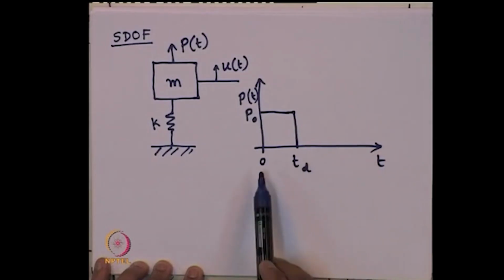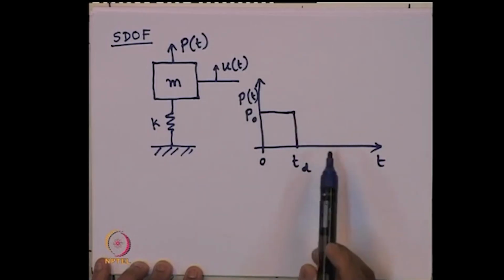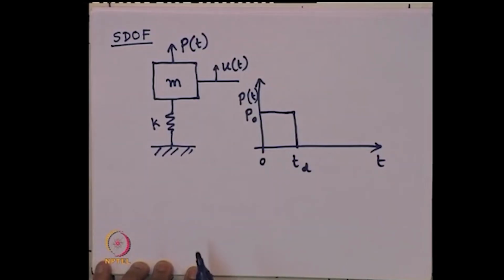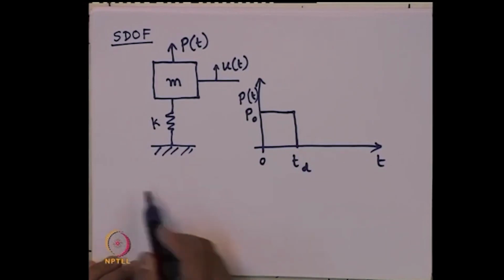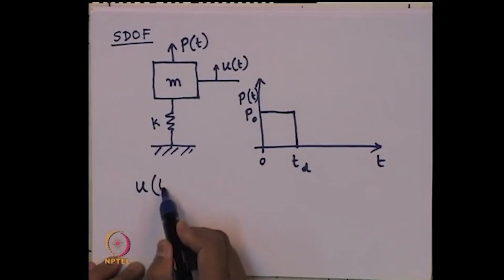What does it mean? From time 0 to t_d, it is a forced vibration, and beyond time t_d, it is a free vibration case. So, that is the simple problem which we have already discussed in soil dynamics. So, let us see the solution of it. For that, the initial conditions should be known, because that is the basic information.